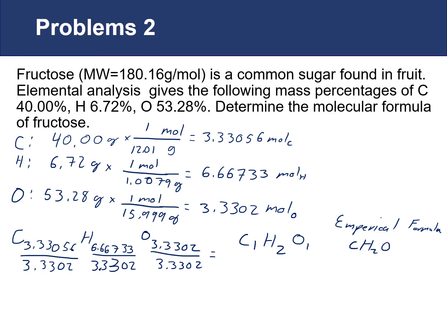The molecular weight for that empirical formula would be, we would take the mass of carbon, 12.01, plus 2 times the mass of hydrogen, so 2 times 1.0079, plus the molecular mass of oxygen, 15.999, which would give us 30.02628 grams per mole for our empirical formula.